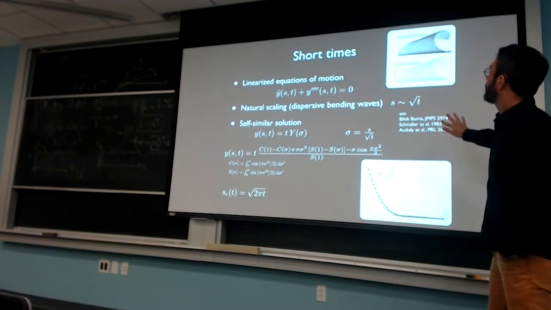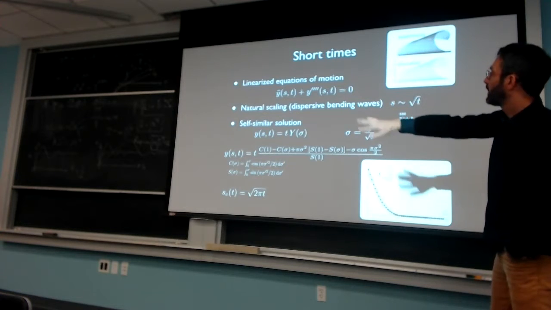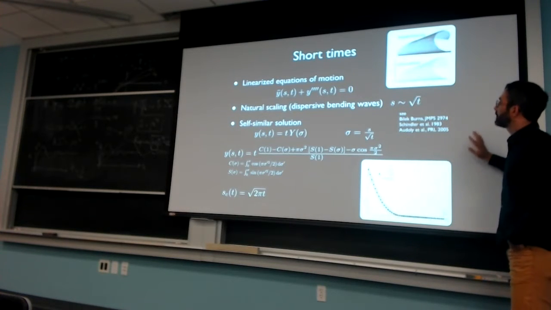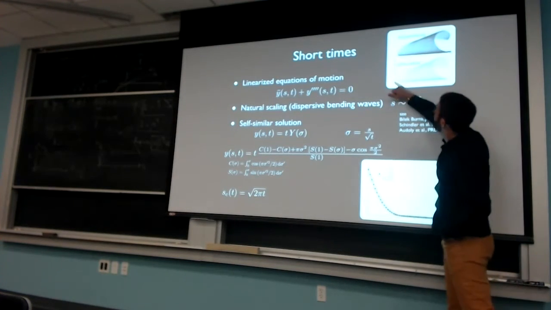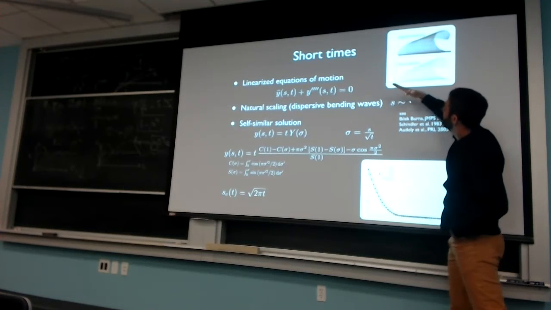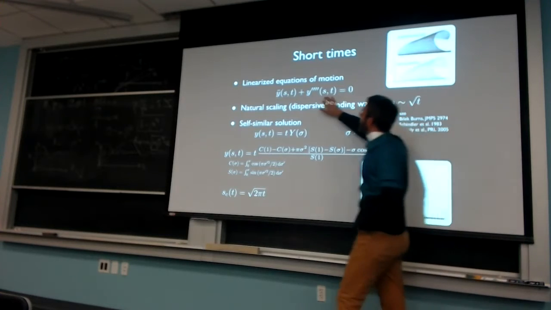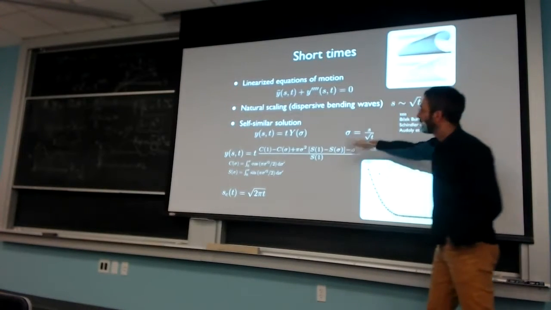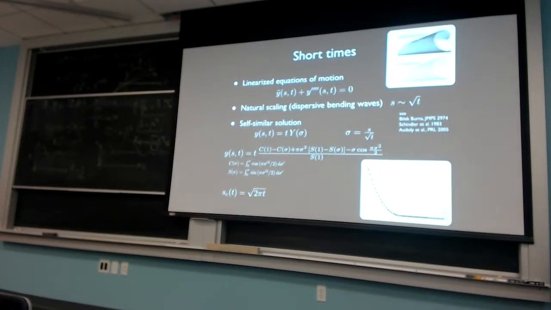So you can look at short times first, but that looks really like the spaghetti, and I'm not going to spend a lot of time on it. Short time would be really the initial times where the slope is everywhere small, and then you get this dynamic beam equation, and you can find self-similar solutions exactly like with the spaghetti.